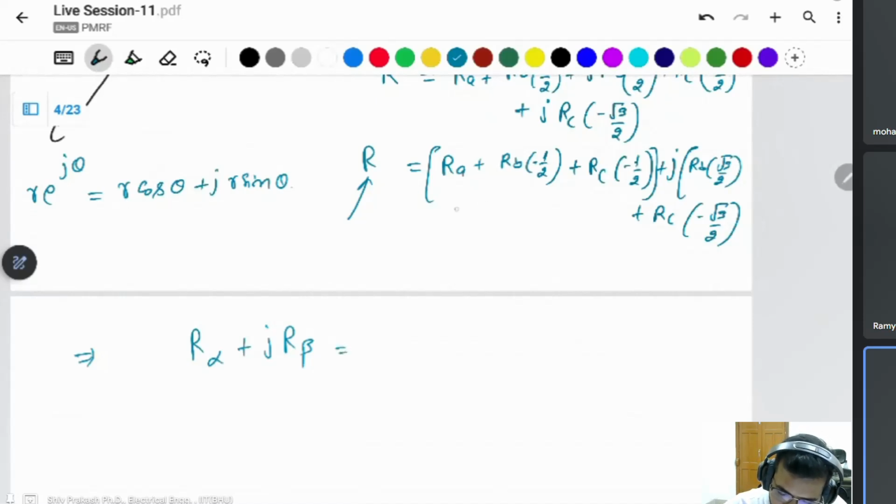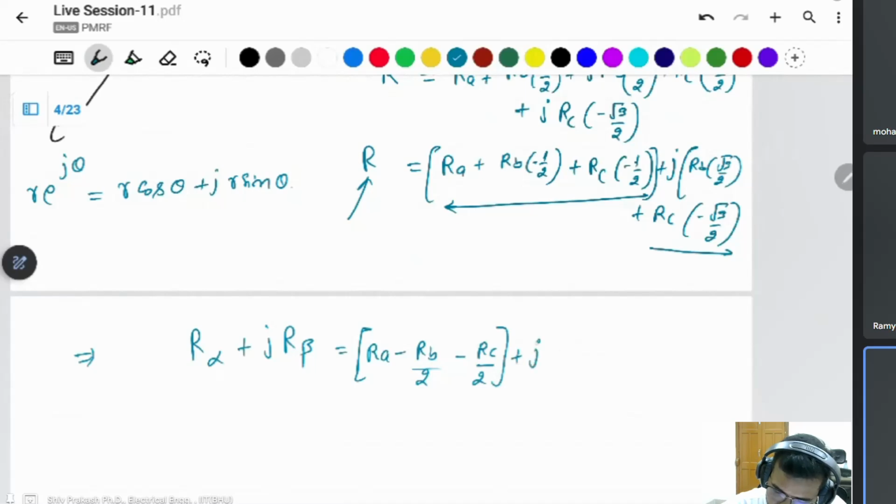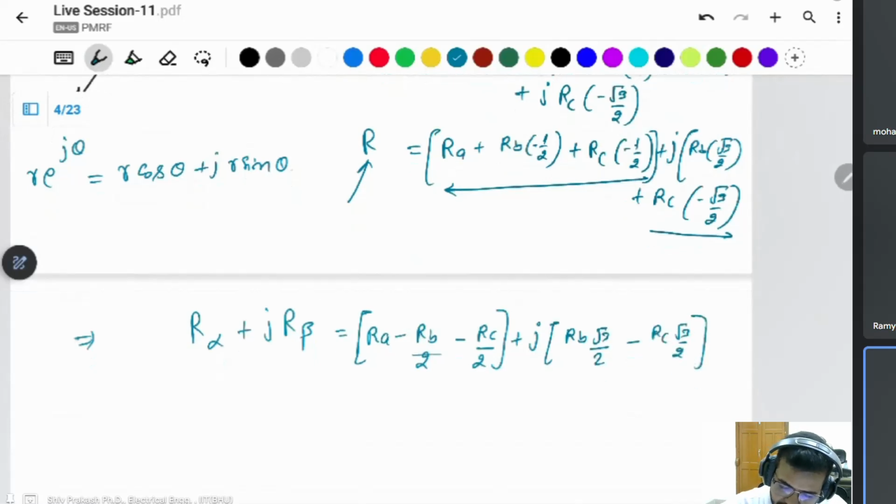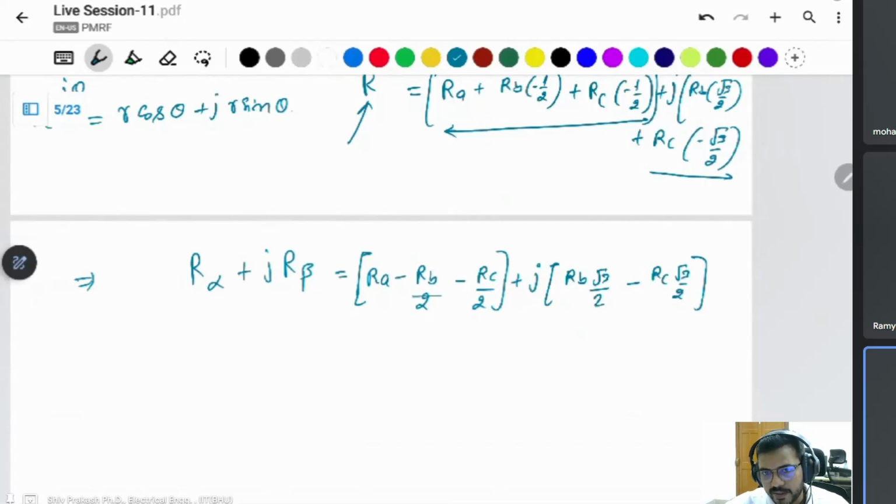You can take R alpha as the real part, and R beta as the imaginary part: RB by 2 minus RC by 2, plus j RB root 3 by 2 minus RC root 3 by 2. This is the alpha beta conversion of ABC.